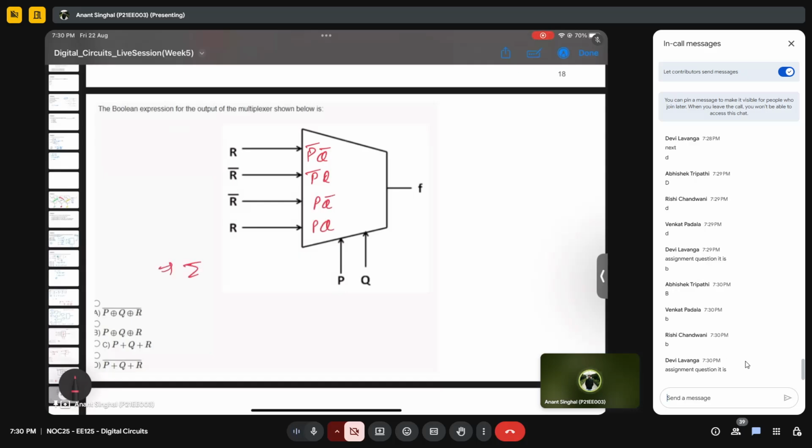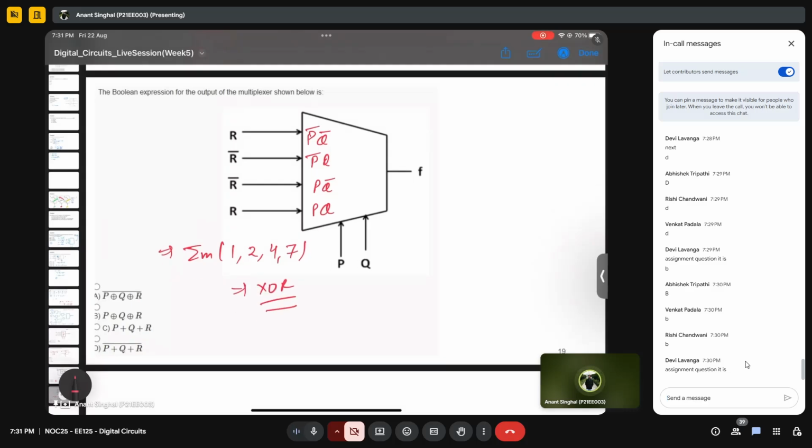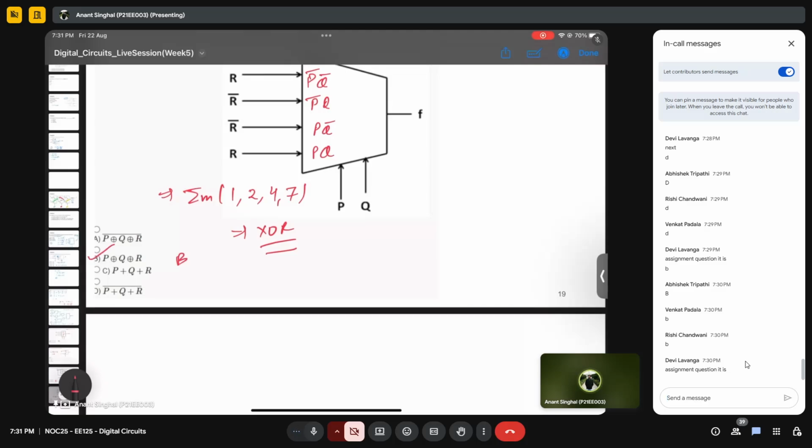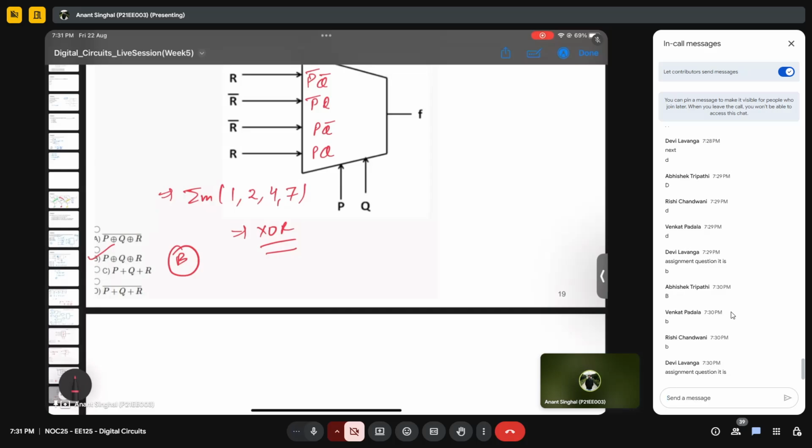If I write in terms of min terms, it's 0, 0, 1, which is 1. It's 0, 1, 0, which is 2. 1, 0, 0, it's 4, and 7. Yeah, so it's P XOR Q, which is option B. B is the correct answer.